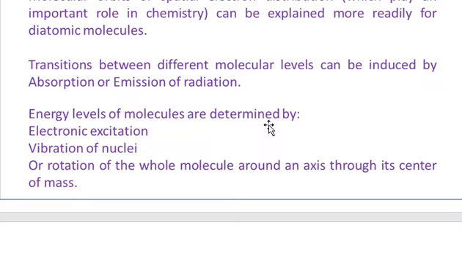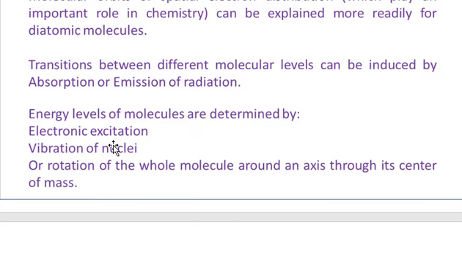Energy levels of molecules are determined by three categories. Number one, electronic excitation. Second is the vibration of nuclei. The third one is the rotation of the whole molecule around an axis through its center of mass. So you see that these are the three categories in which a molecule is excited.